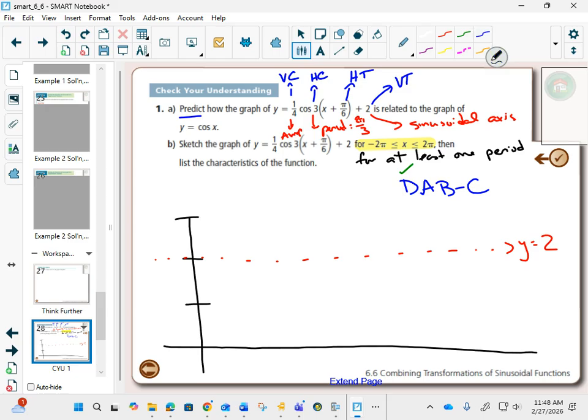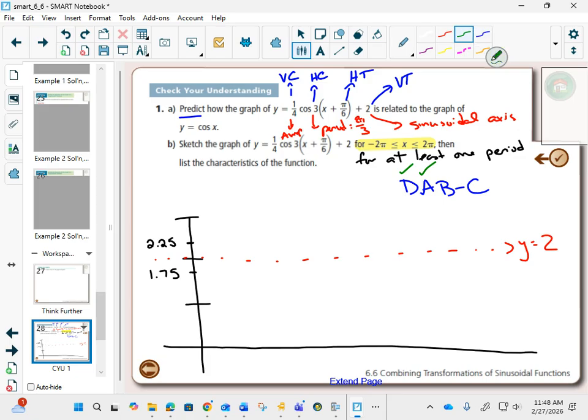And if that's 2, my amplitude is 0.25, 1/4. Does that make sense that our maximum now is here at 2.25, and my minimum would be at 1.75? It's going to be a very skinny cosine graph. But that is enough to do our amplitude.